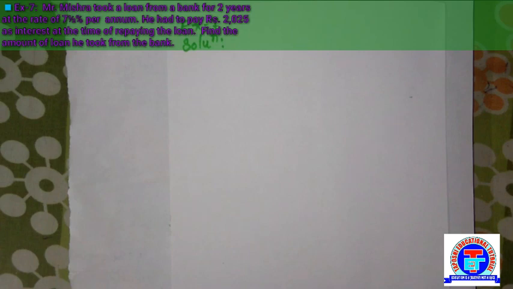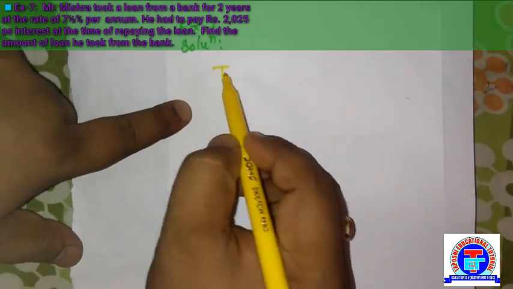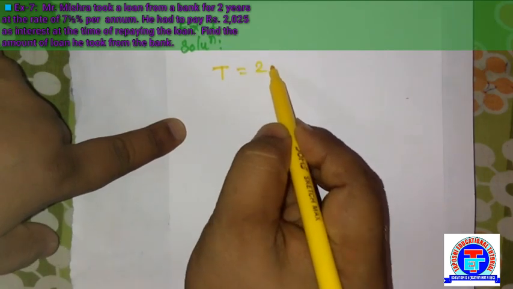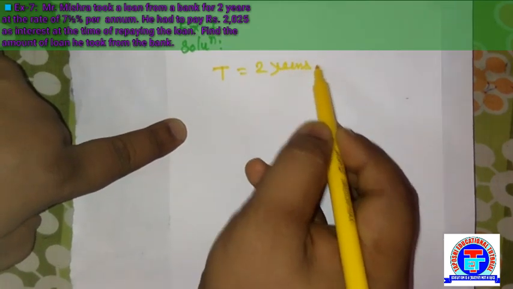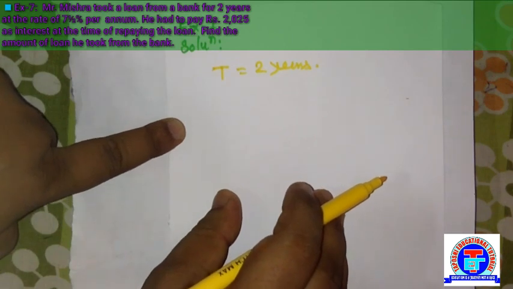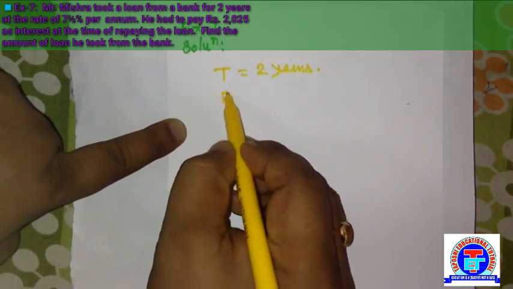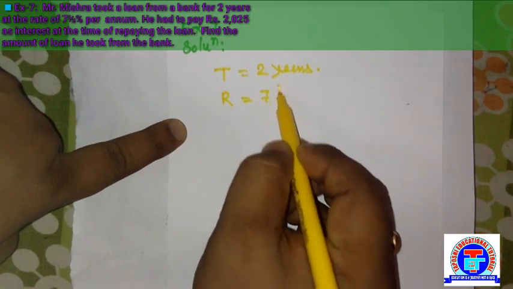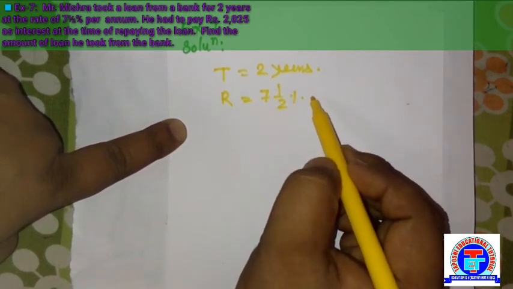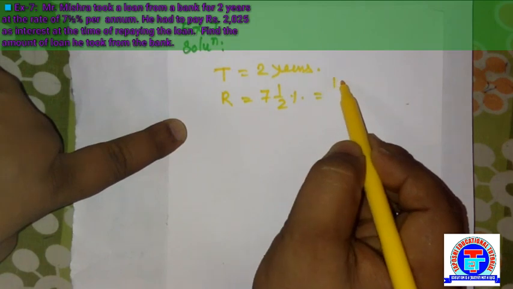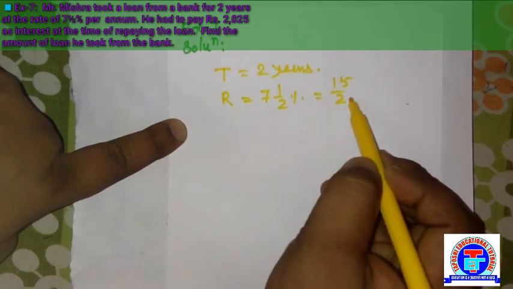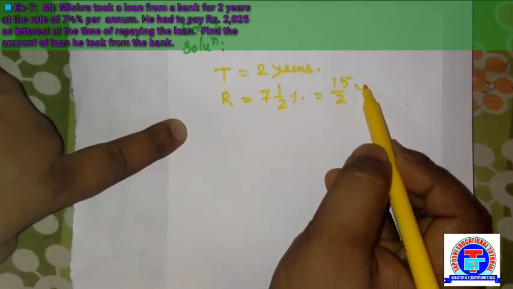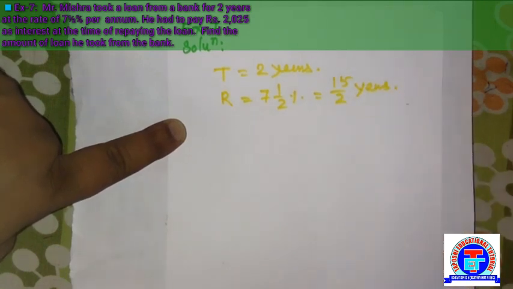That means we need to find P, the principal, right? So here given data, T is equal to 2 years, R, rate of interest, 7 whole 1/2% per annum is equal to 15 by 2.